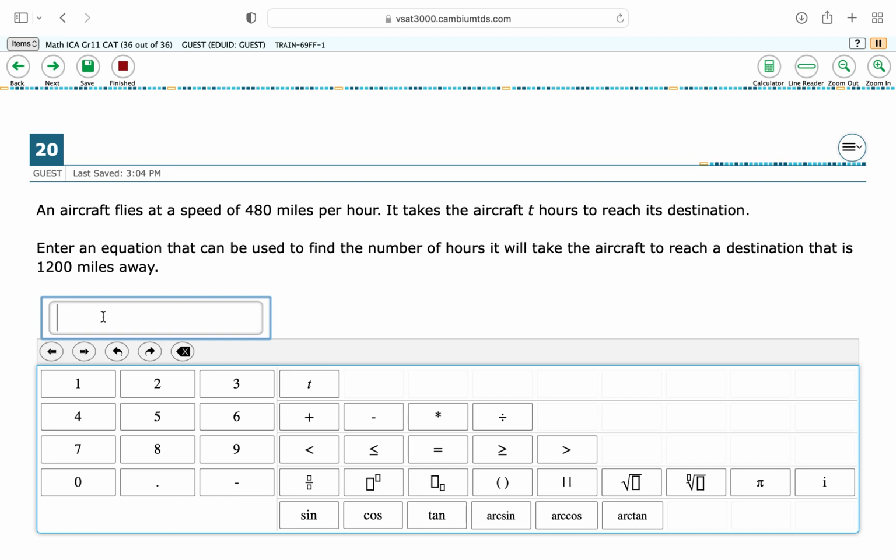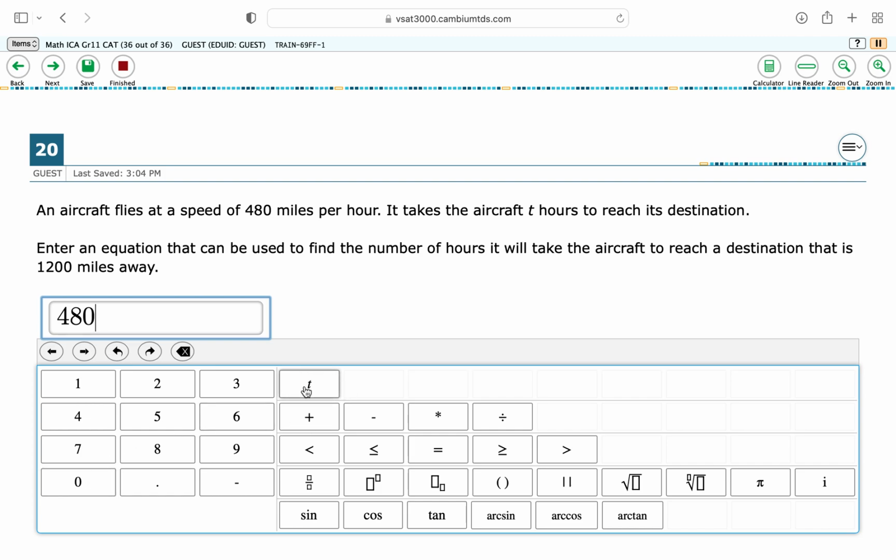However, this does not ask for that answer. This is saying enter an equation that can be used to find the number of hours it will take the aircraft to reach the destination. It doesn't say how many hours, it wants you to enter the equation. So rate times time equals distance.